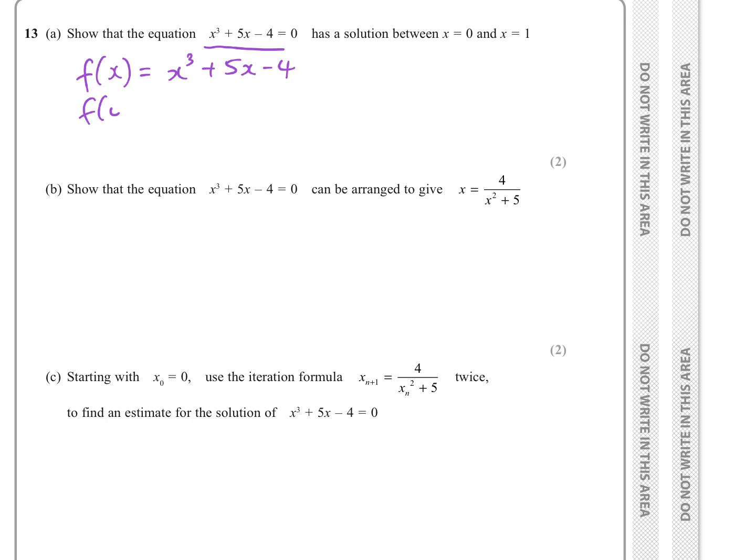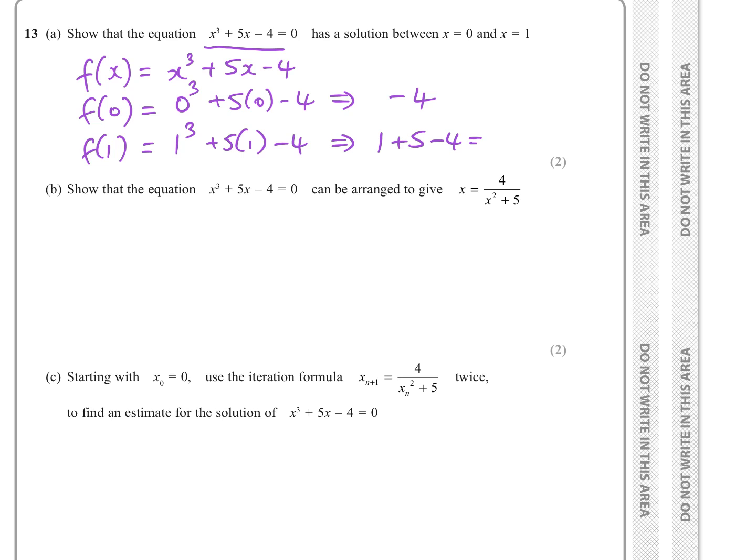And then f of 0, and you can use your calculator, that would be 0 cubed plus 5 lots of 0 minus 4 will just give you negative 4. F of 1, so if we put 1 in place of x, we'd have 1 cubed plus 5 times 1 minus 4, which would give us 1 plus 5 minus 4, which is 6 minus 4, which is 2.